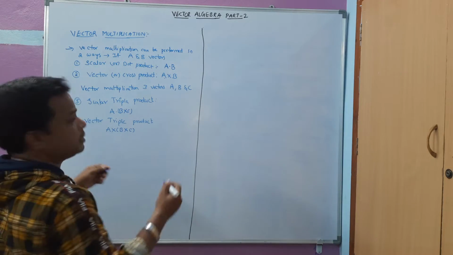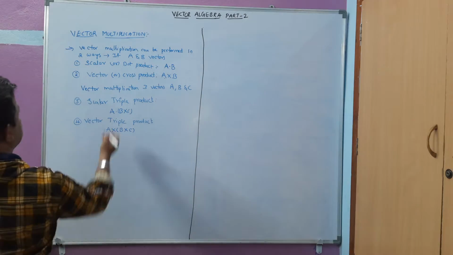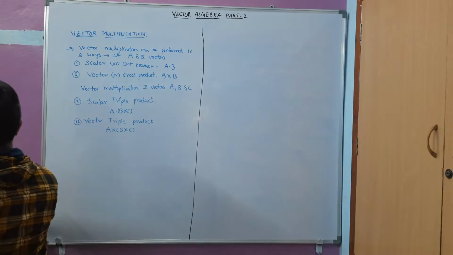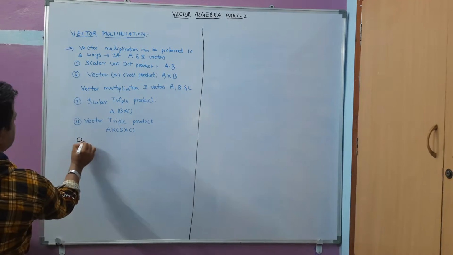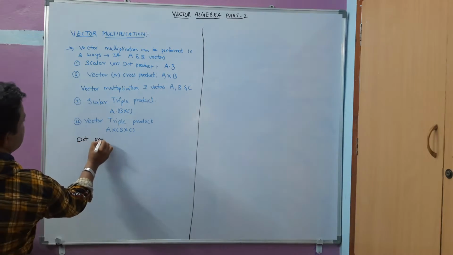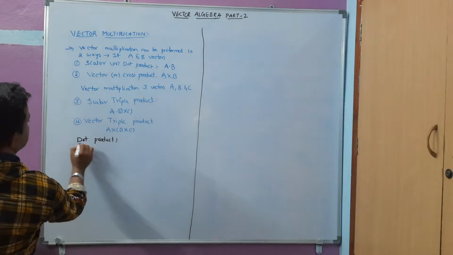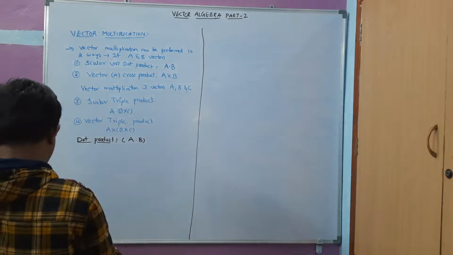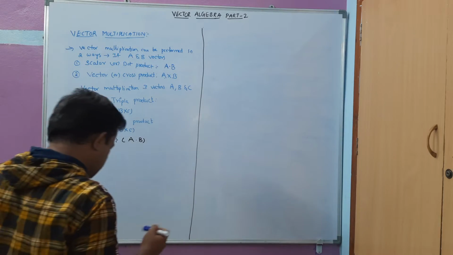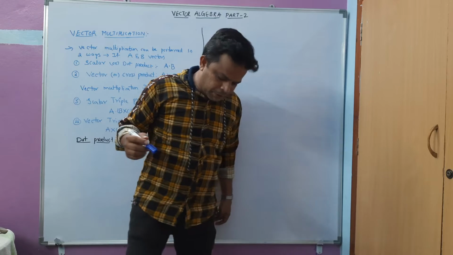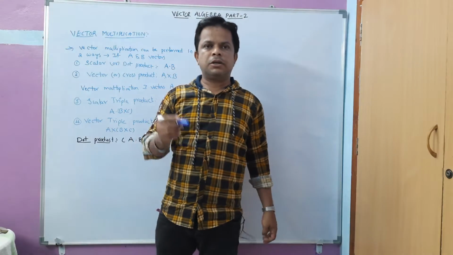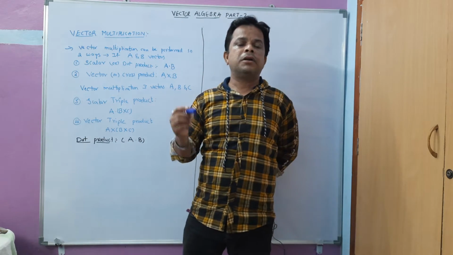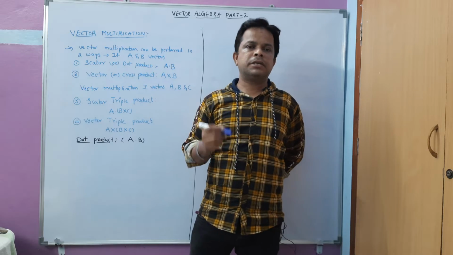In this video lecture we are going to focus on vector multiplication. First I will take the dot product, which we denote as A dot B. Dot product is carried out if we have two vectors A and B. The dot product of two vectors A dot B is the product of their magnitudes and the cosine of the angle between them.